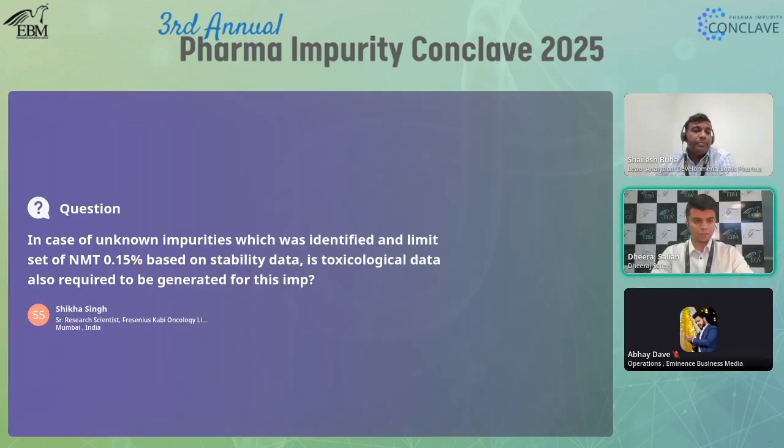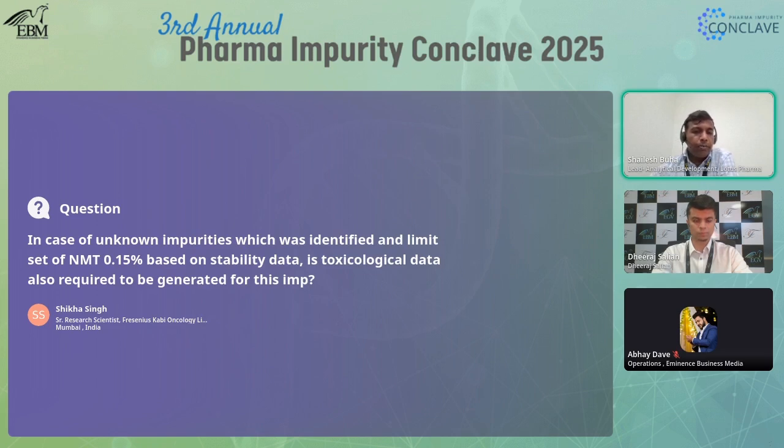The next question is: in case of unknown impurities which were identified and limited to NMT 0.5% based on stability data, is toxicological data also required to be generated for these impurities? If an unknown impurity, based on the MDD, if we consider 0.1, generally for drug substance 0.10 is the unknown impurity limit, and for drug product 0.20 or based on the MDD.